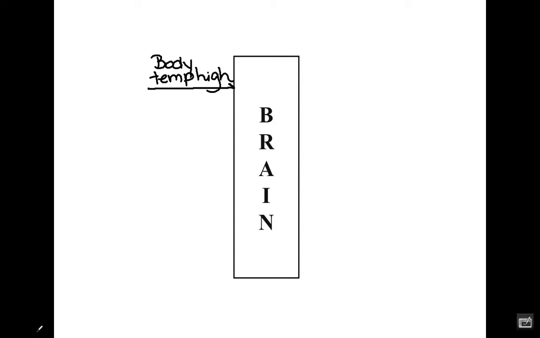So that gets fed into the brain, into a section called the hypothalamus. I'll write that there just in case you want to know. We will be talking about the hypothalamus during the nervous system. And what happens is the hypothalamus triggers responses in our body that are going to oppose this. In other words, try to push that body temperature down.